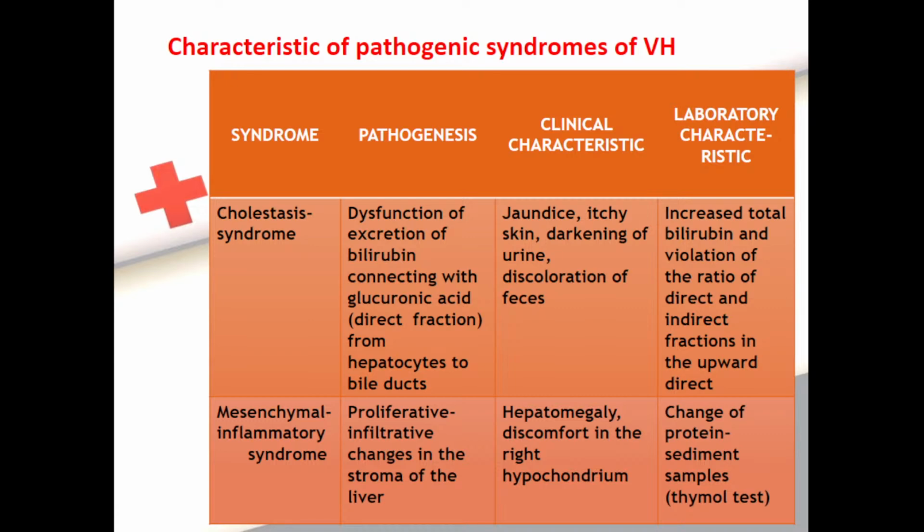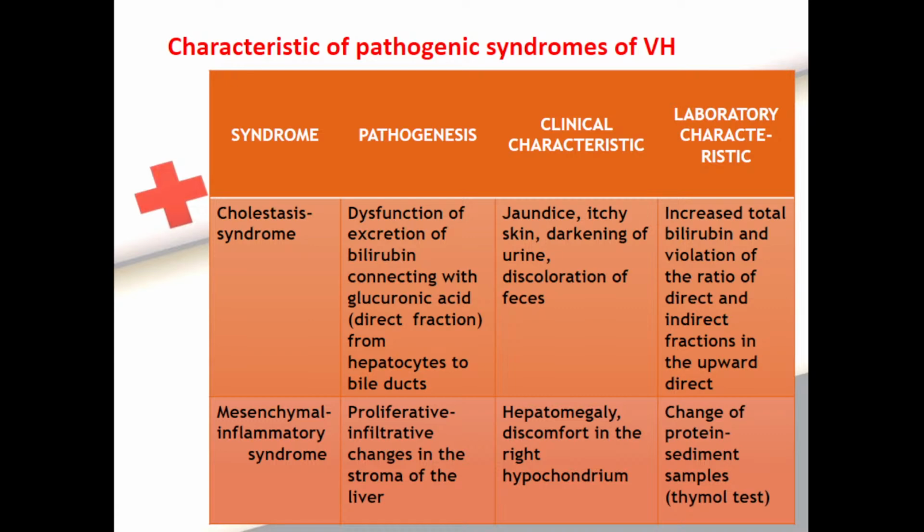If it's about cholestasis, itching goes along with the jaundice syndrome. So with cholestasis, itchy skin is added as clinics, and in the laboratory alkaline phosphatase rises.